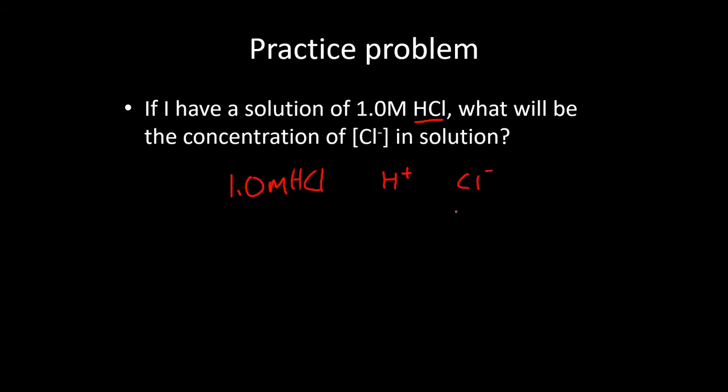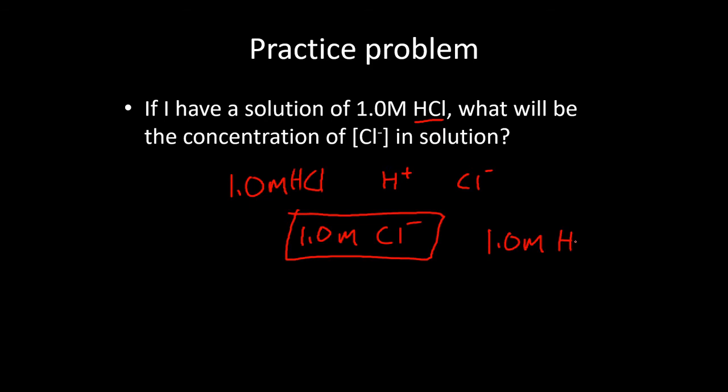And so what that means is we are going to have 1 molar Cl minus in our solution. Now we would also have 1 molar H plus. Because again, whatever concentration we started with, we're going to have the same concentration of the products here, because every single last one of these original molecules is breaking apart. And so whatever its concentration was, we'll have the same concentration of the products.